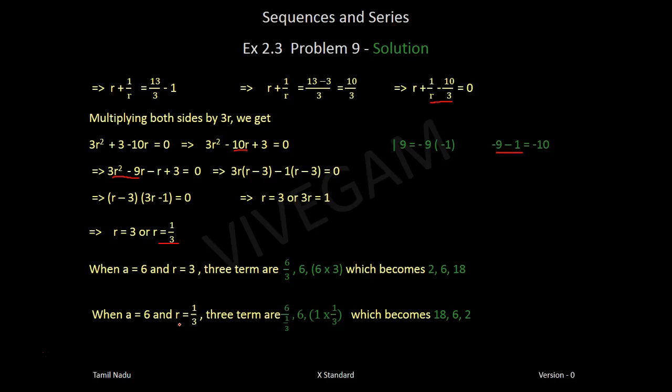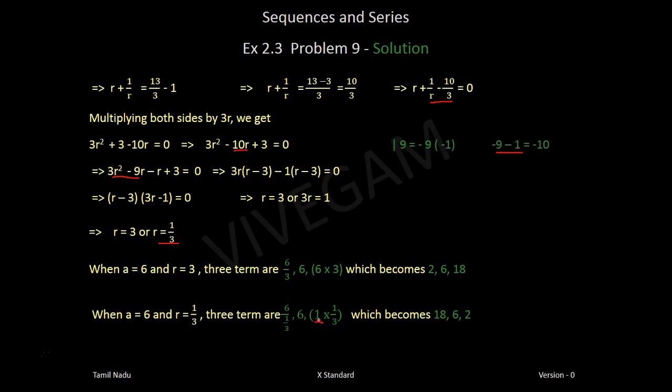Now let's take the second case when r equal to 1 by 3. So it is a divided by r. So 6 divided by 1 by 3. And then a. And then this is actually, okay, this is a mistake. This is actually a into r, that is 6. It's a typo.